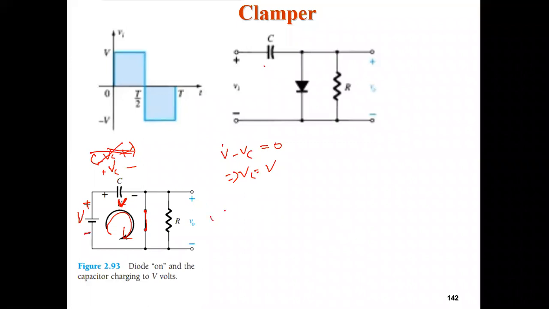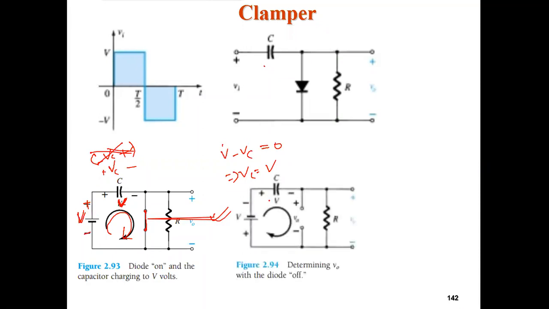Now we have to do another figure for the negative half cycle. The same figure I will draw, only the polarity of the battery, the input voltage V, changes. The capacitor has V volt, left side plus and right side minus, and the input voltage is minus V, so the upper side is minus and the lower side is plus.